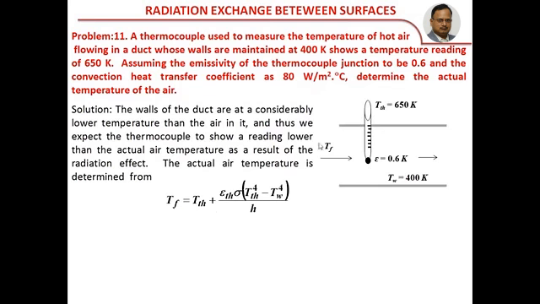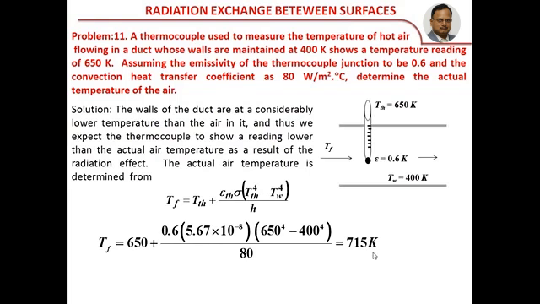See, let us apply the formula. The fluid temperature is thermometer temperature plus epsilon into sigma (T_th to the power 4 minus T_W to the power 4) by convective transfer coefficient h. You will get the answer 715 Kelvin. The thermometer shows only 650 Kelvin, but the fluid temperature is 715 Kelvin.